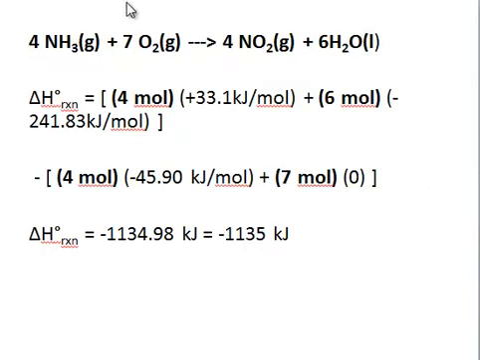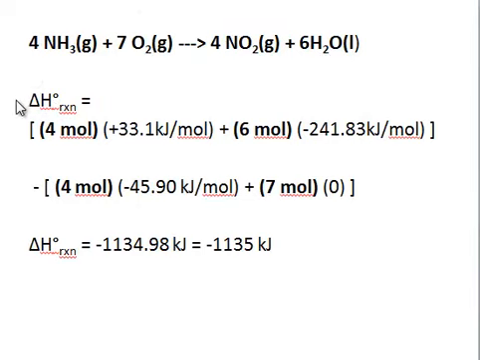All right, here's the reaction again. I can write delta H as products, 4 moles for the NO2, plus 6 moles for the liquid water. Again, units of moles cancel, we're left with kilojoules. Down here, I subtract the term for the reactants. Notice once again, we have to take the negative of a negative number in these calculations. And there's no contribution from the oxygen in these combustion problems.